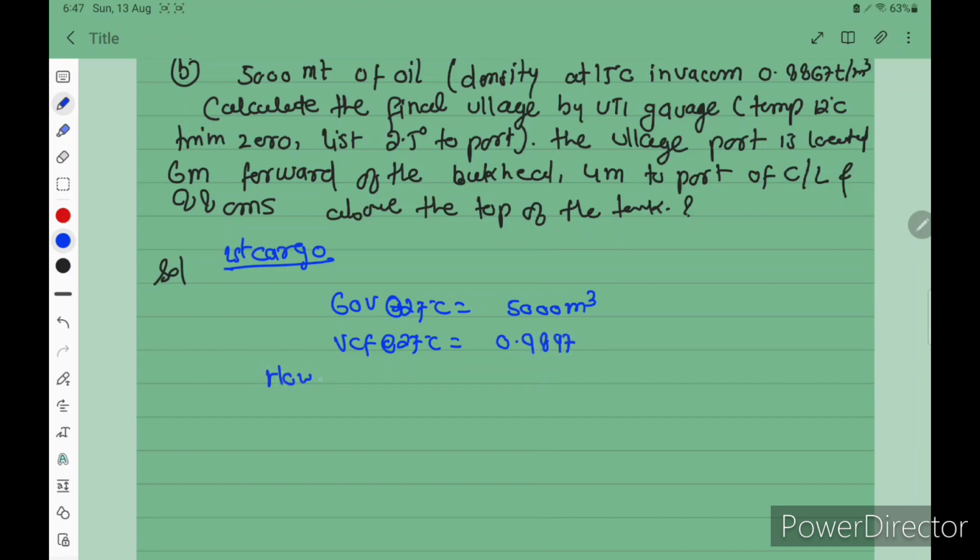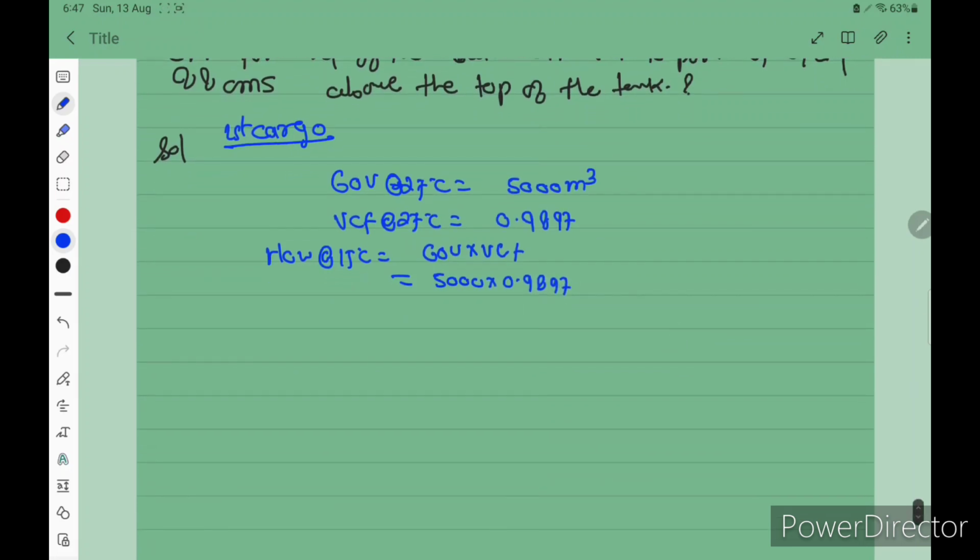So we have to bring it to 15 degrees centigrade. So GOV into VCF is equal to 5000 into 0.9897. So we get 4948.5 meter cube.